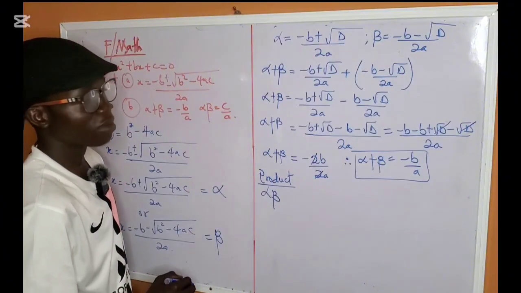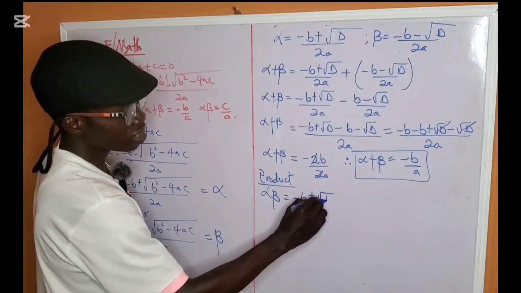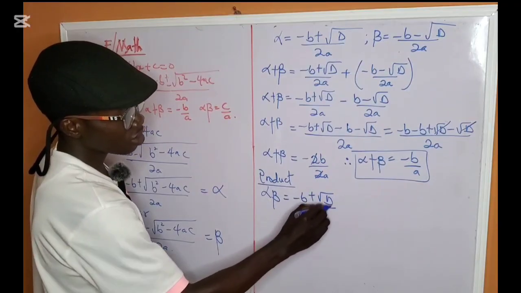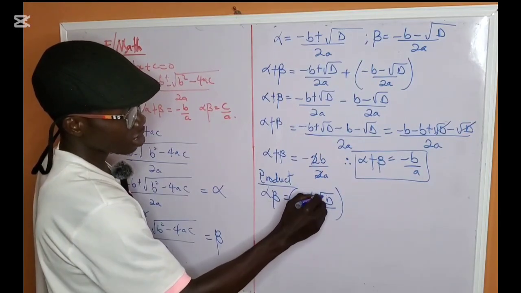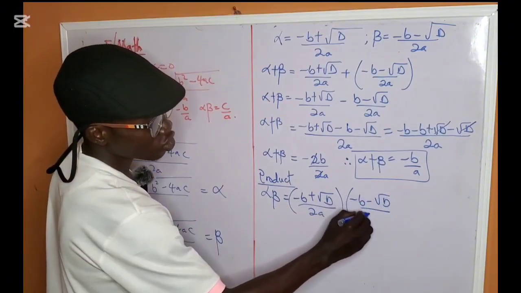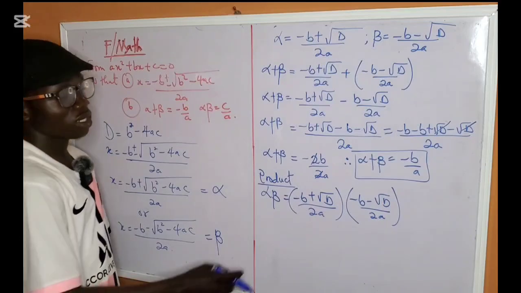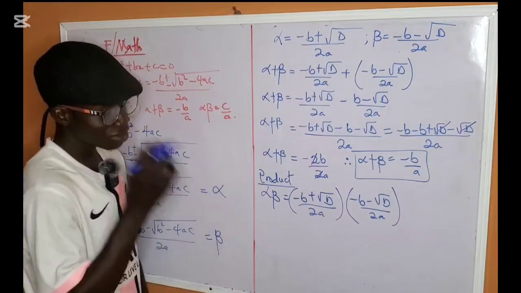Alpha beta, that's alpha multiplied by beta, equals minus b plus root d over 2a in brackets, open bracket, minus b minus root d over 2a, close bracket. Now, you see that we are about to expand again.